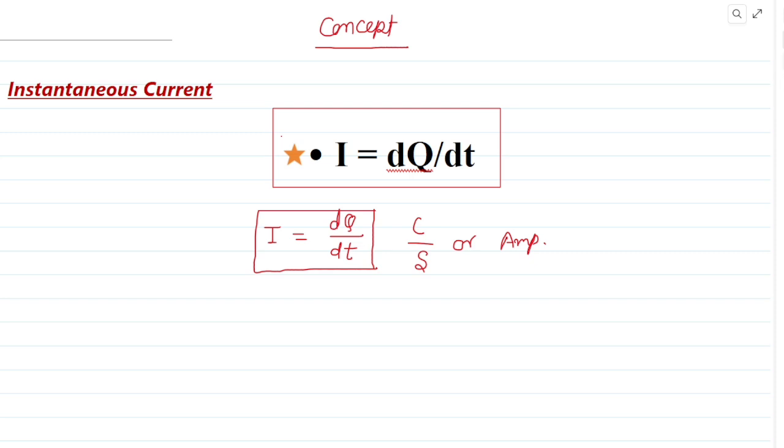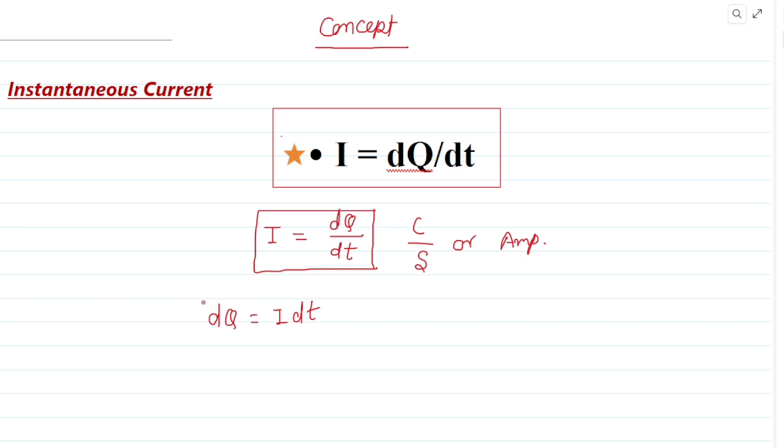Now, if the value of charge is given, then on differentiating we calculate the current. But if the current is given as a function of time, then I equal to dq by dt gives dq equal to I dt.